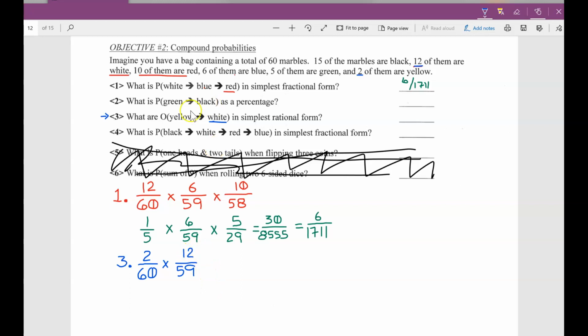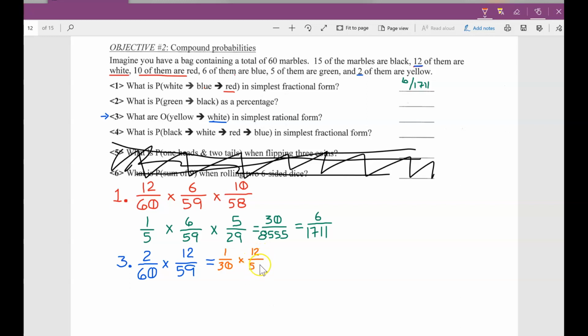So we've got our 2 individual probabilities, and now we have to combine them by multiplying. But wait a minute, let's simplify first. 2 60ths can become 1 30th. And then 12 59ths can't change because 59 is prime.